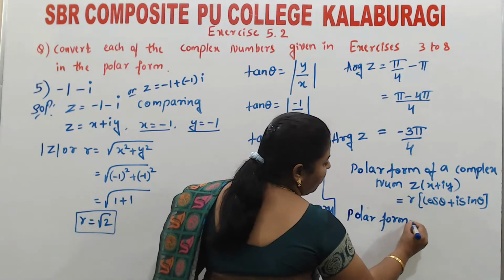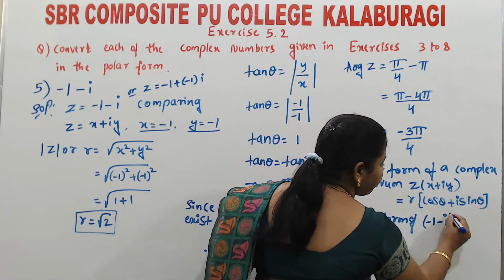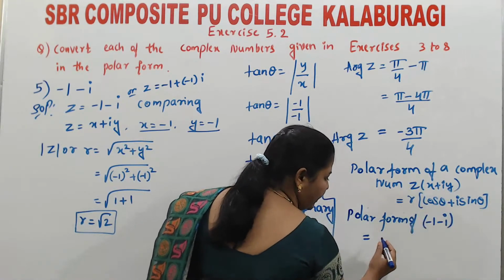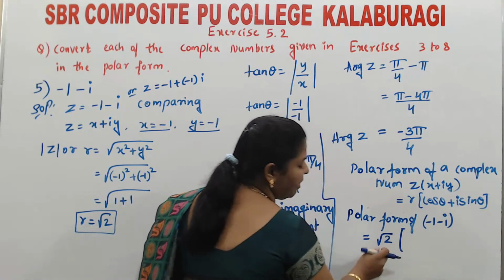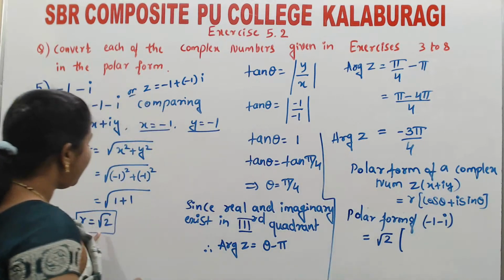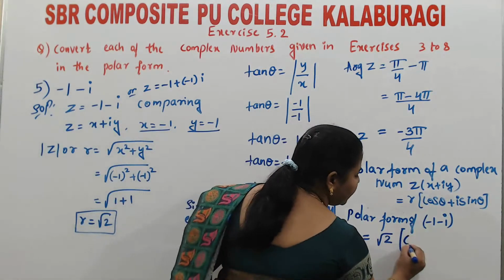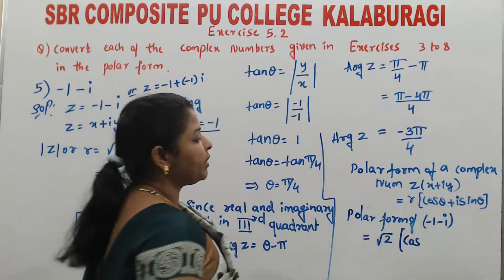The polar form of this complex number is equal to r cos theta plus i sin theta. In place of r, we have to write our r value. What is our r value? r value is root 2. Then cos theta, theta should be the principal value, right?